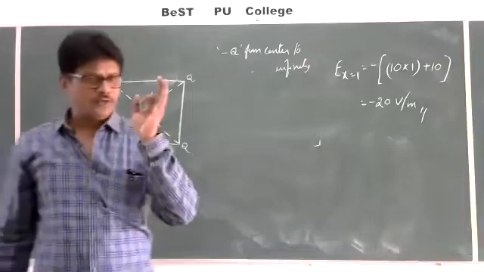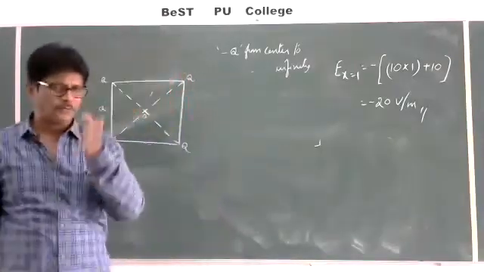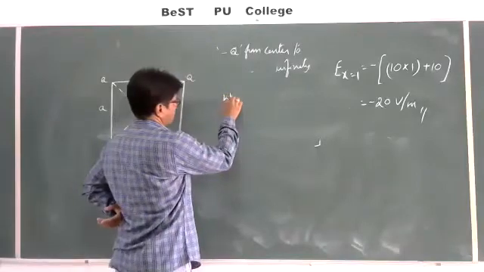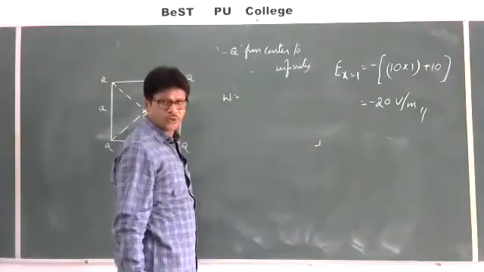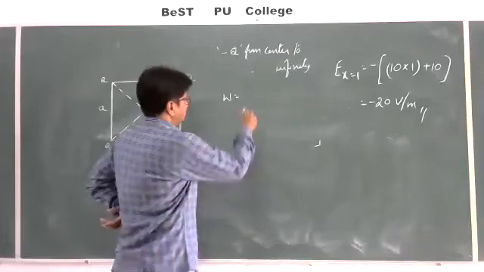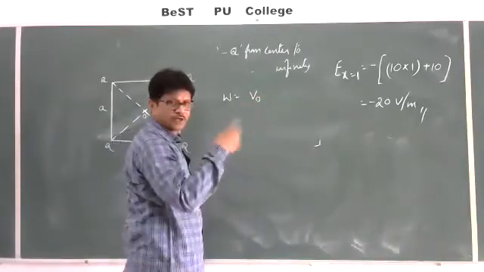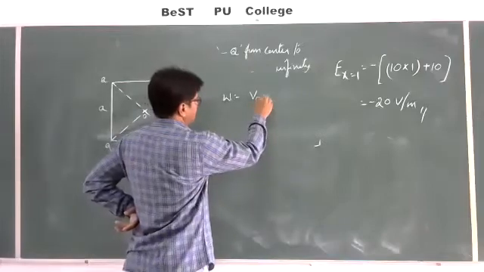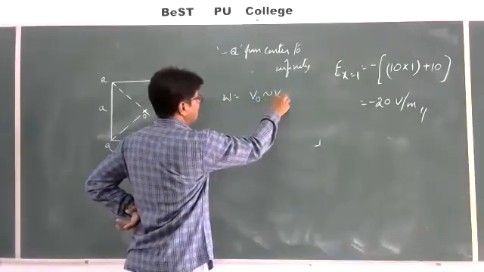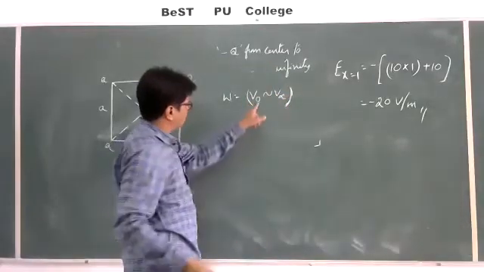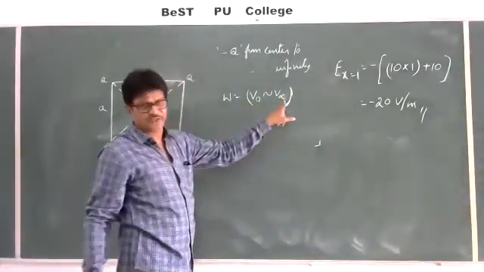Whenever you want to move a charge from one point to another point, the amount of work required is equal to the difference in the potential between the 2 points where we are moving, multiplied by the charge. So we are moving a charge from center O to infinity distance.